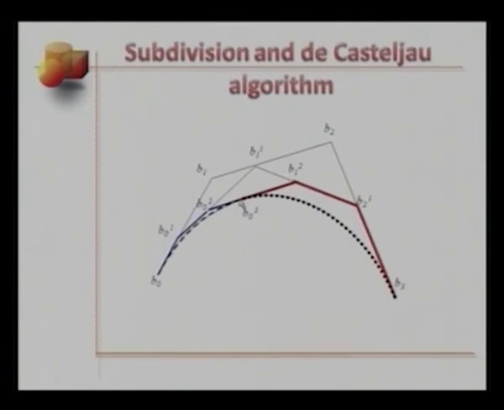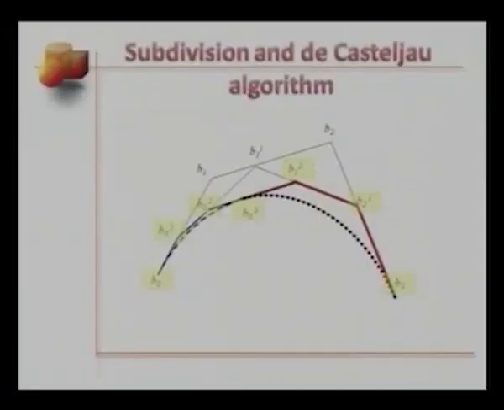At this point, the value of u, I must emphasize again, equals c. I'm highlighting the control points P's and Q's.